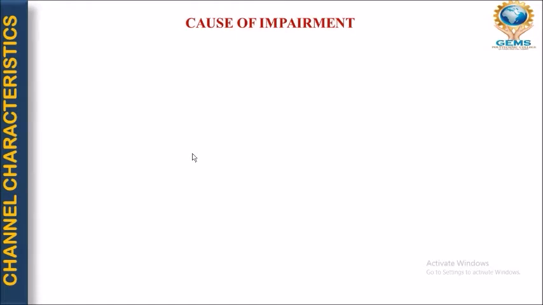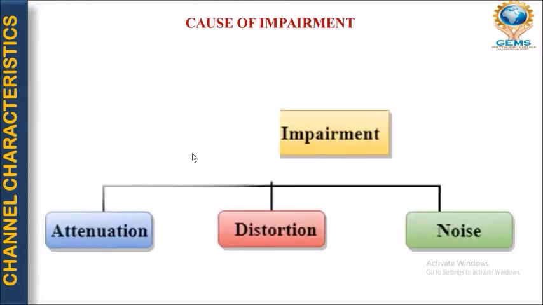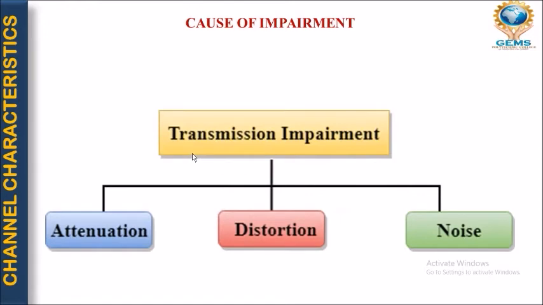So what are the different causes of impairment, sometimes also known as types of impairment? Both are almost the same. There are three causes. First is attenuation, second is distortion, third is noise. Let's take a quick review of all these types of transmission impairment: attenuation, then I will teach you about distortion, then noise and its types.